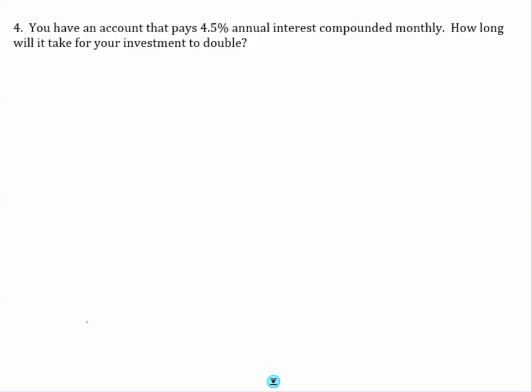You have an account that pays 4.5% annual interest compounded monthly. How long will it take for your investment to double? So it tells us that R will be 0.045. Compounded monthly means the N is 12. And it doesn't tell us anything else. It doesn't tell us how much money we invested.